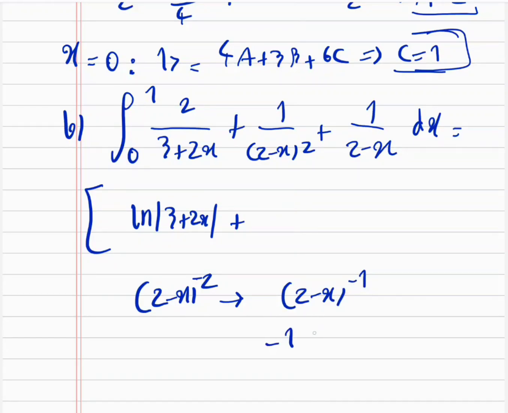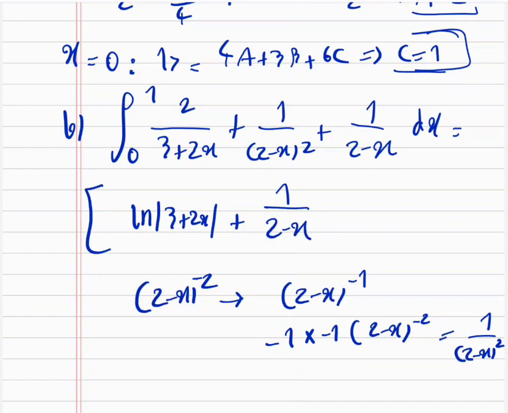We have minus 1 times minus 1: the minus 1 is the power, and then the inside of the bracket differentiates to minus 1. So we have (2 minus x) to the power of minus 2, which is exactly 1 over (2 minus x) squared. So the guess is correct, and it integrates to 1 over 2 minus x. I have lots of videos on reverse chain rule, and if it doesn't make sense, if you watch them you'll have a much clearer idea.